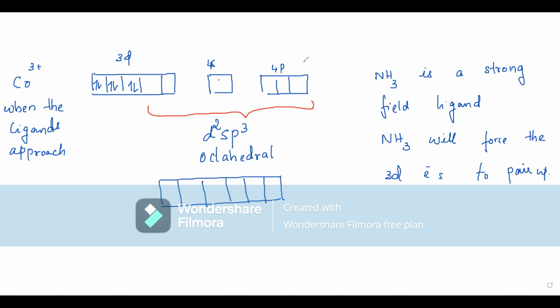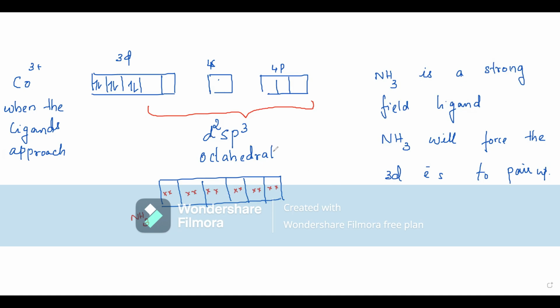Now each one of these will receive a pair of electrons from the ligand. There are 6 ligands, so 6 pairs of electrons are received by the hybridized orbitals. Since d comes before s and p, this is an inner orbital complex.